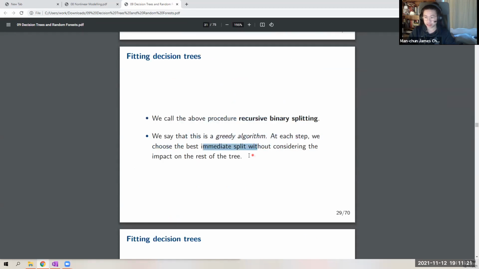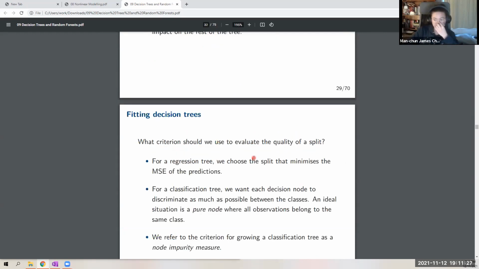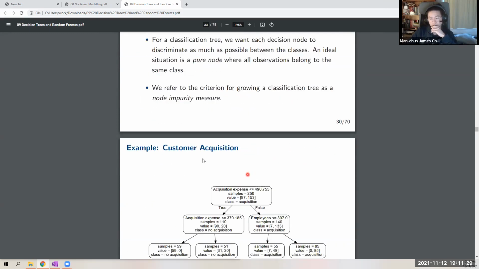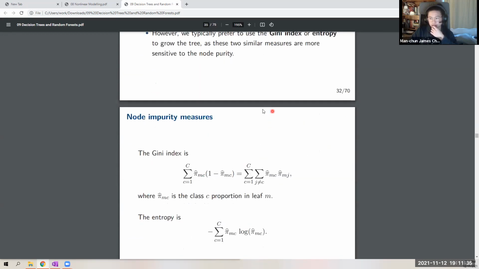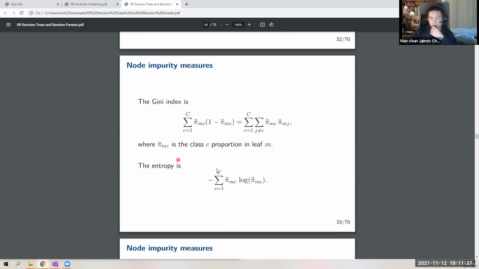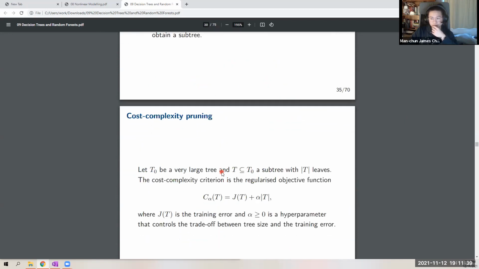You choose a split based on what gives you the best results. You can measure the quality of a split using a node impurity measure, such as the Gini index or entropy, and this is really for classification.